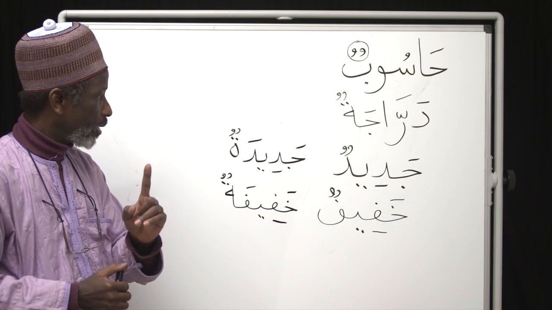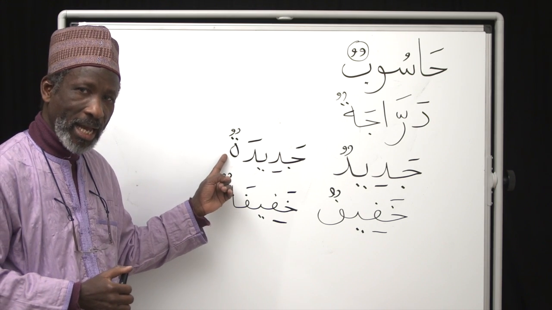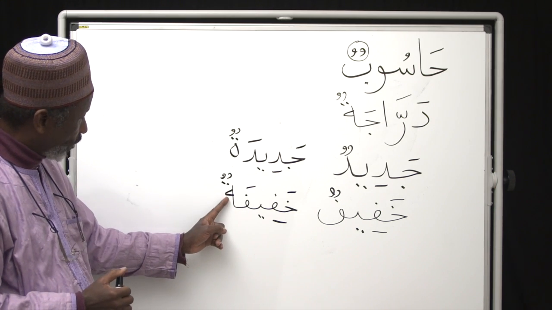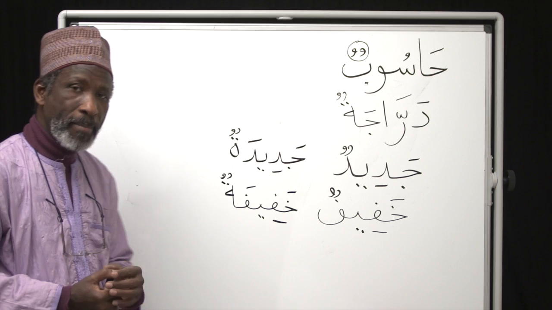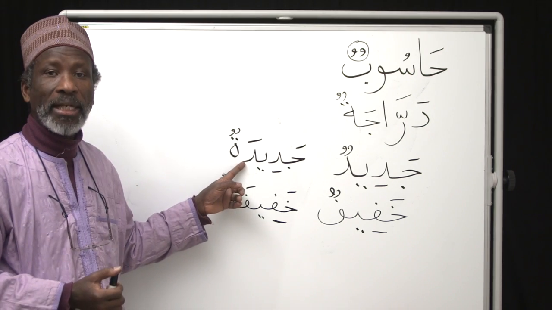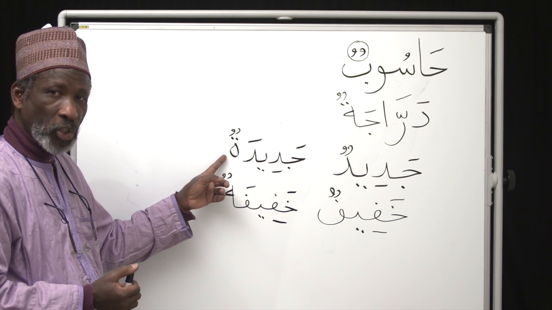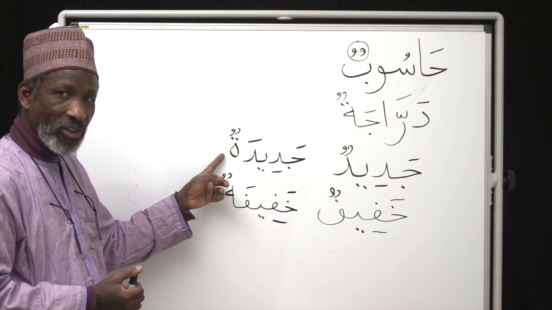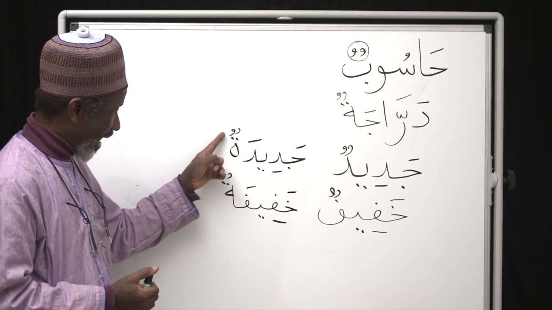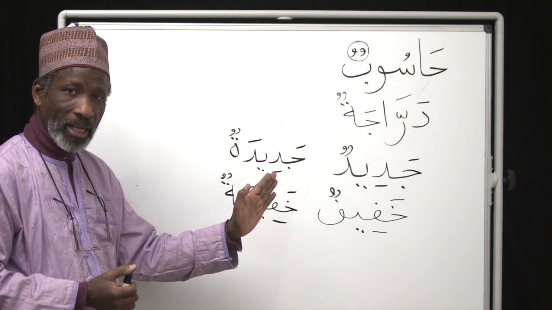Hang on a second. Why am I writing the ta marbuta this way here, and here this way? Can you remember last series? This dal is a naughty letter which cannot be extended to join the next letter. Therefore, we are writing the ta marbuta severed from the dal.